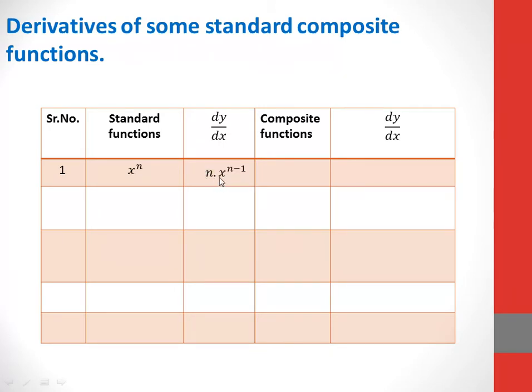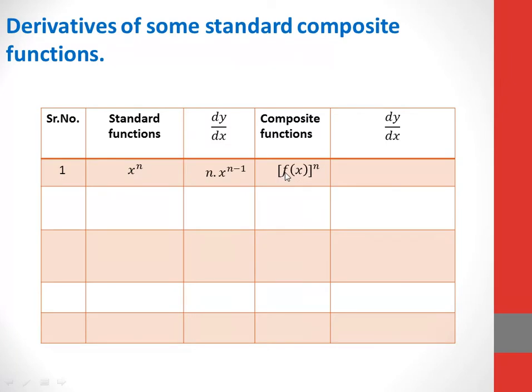Okay, now in case of a composite function, x is replaced by f of x. So if it is f of x raised to n, just like the previous example we have studied, 3x plus 4 raised to 5. If it is x raised to 5, then the derivative is 5 into x raised to 4. But if 3x plus 4 is there, then it is f of x.